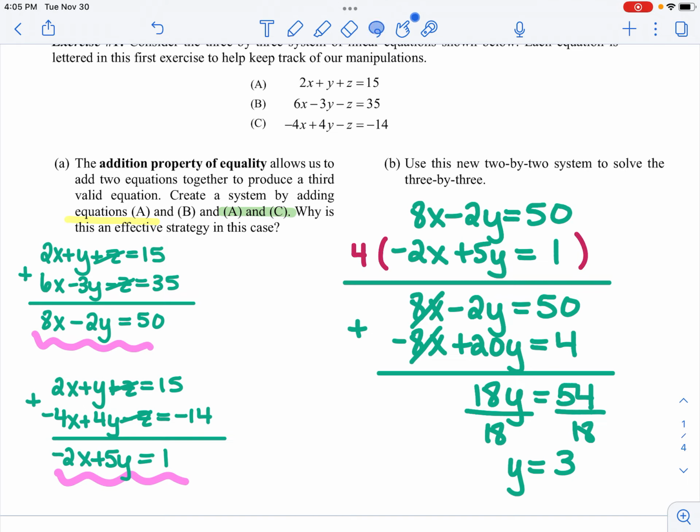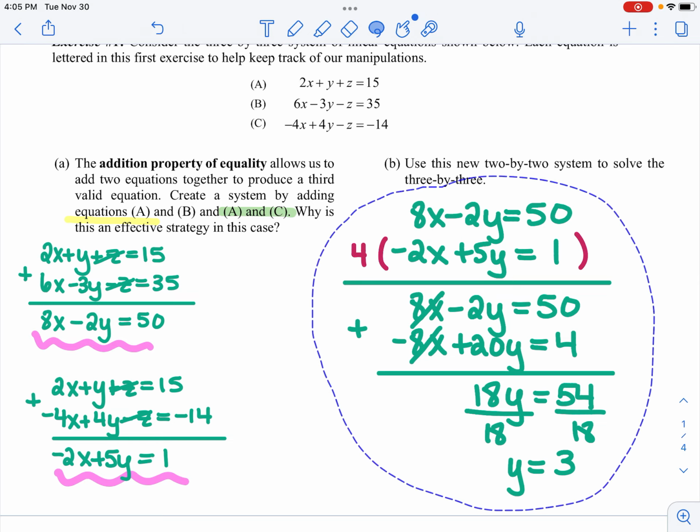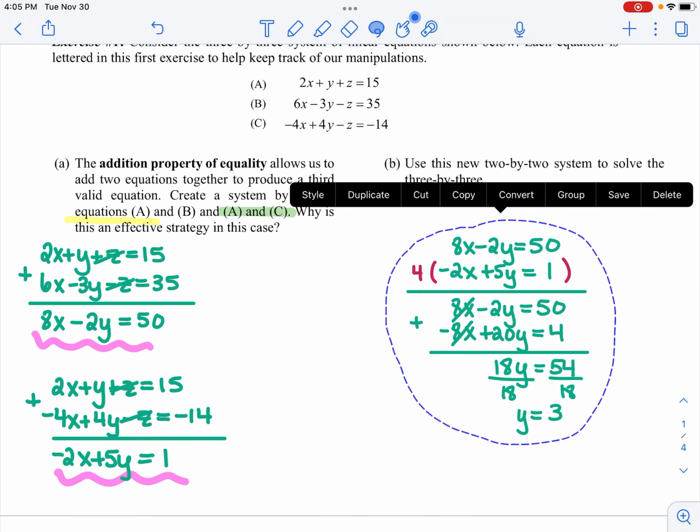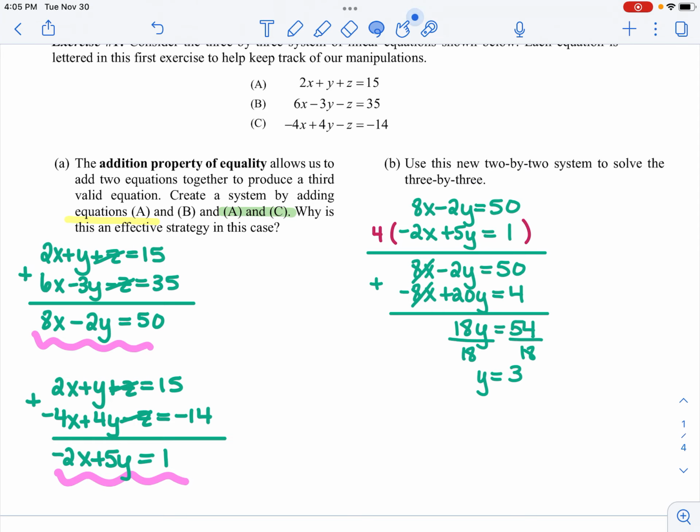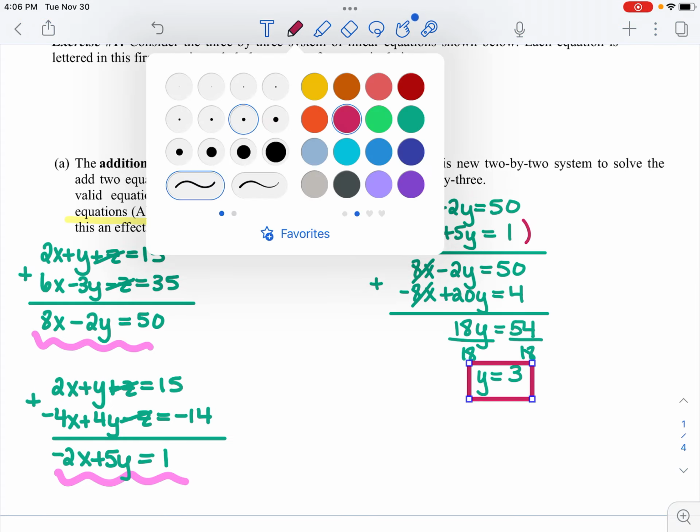Now in part B, it did say we're going to use this 2 by 2 system to solve the 3 by 3. So the reason we would now be able to solve the original 3 by 3 system is because once you get one variable, we can work backwards to start plugging in to get the remaining 2. So since I now know that y is equal to 3, let's just box that in so we don't lose that. We can now work with one of our 2 by 2 equations.